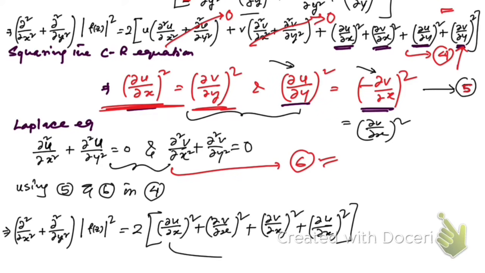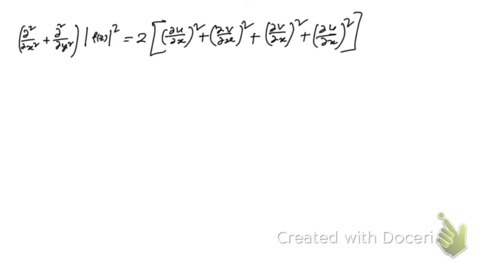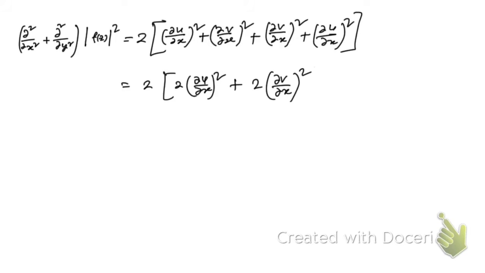Now let's add these two, and let's add these two. Adding these two, let me copy this and go to a new slide. So then we're going to get 2 (del u by del x) whole square plus 2 (del v by del x) whole square. Then we can take these two common, then this is going to be 4, right?